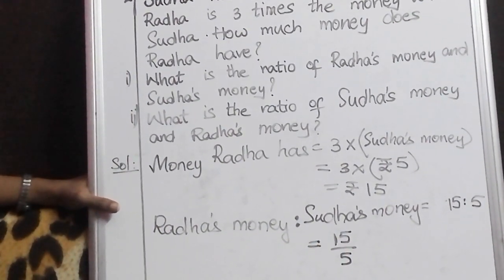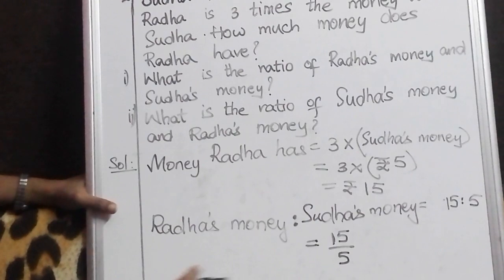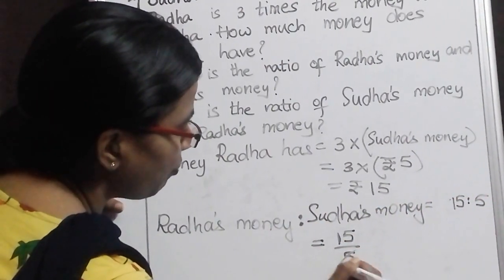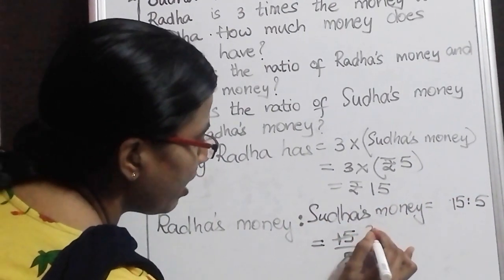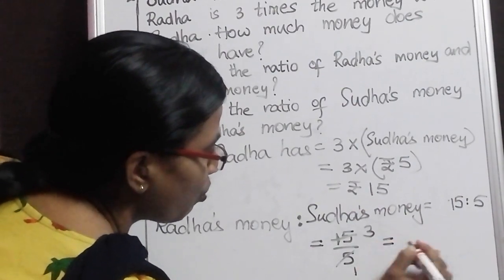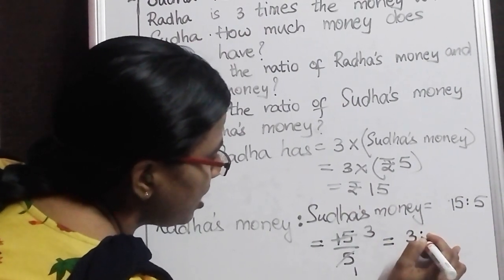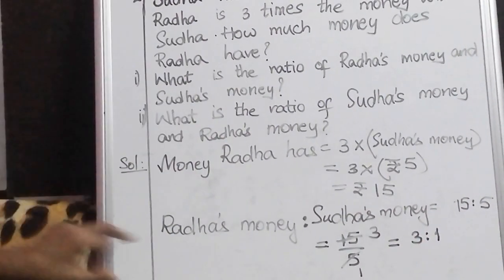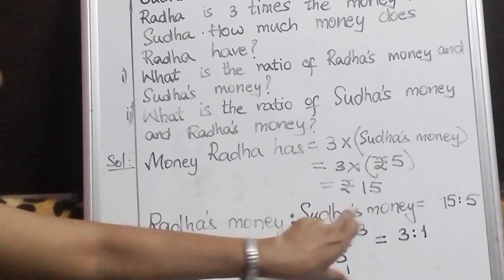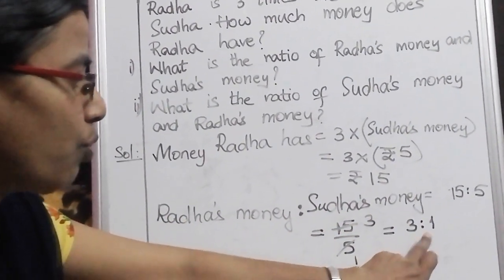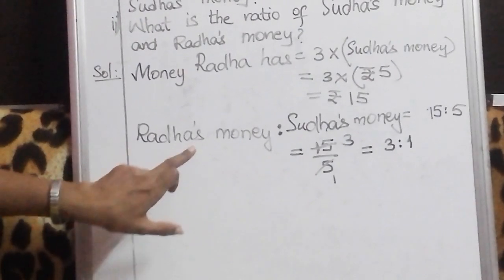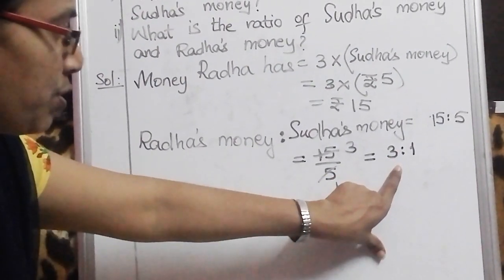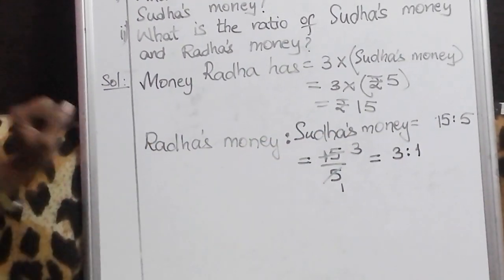But in further problems, we are just going to do it side by side only. 5 1s are 5, 5 3s are 15. So this is nothing but 3 is to 1. Radha's money is to Sudha's money is in the ratio 3 is to 1. That is, Radha's money is 3 times Sudha's money.